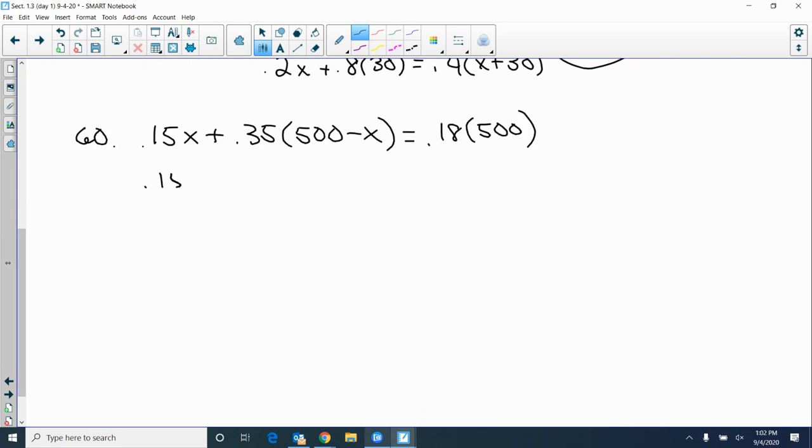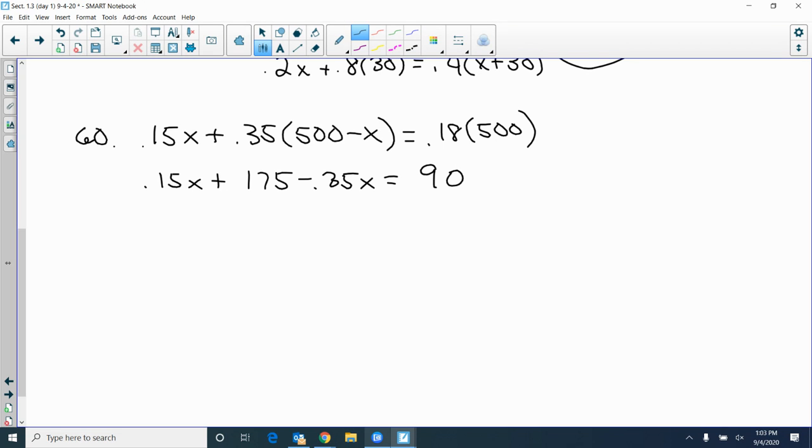Okay, so I got 0.15X plus 0.35 times 500, which is 175, minus 0.35X equals 0.18 times 500, which I believe is 90.